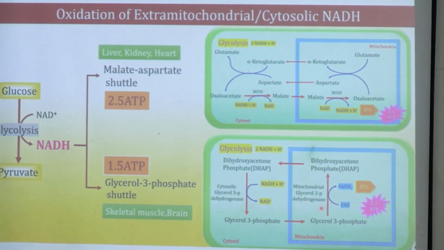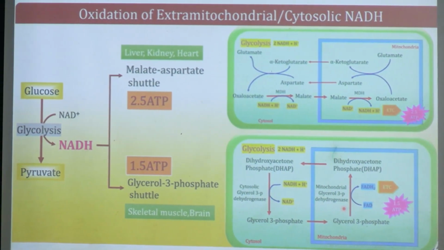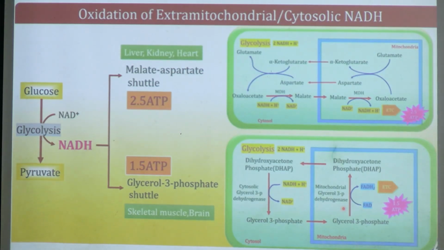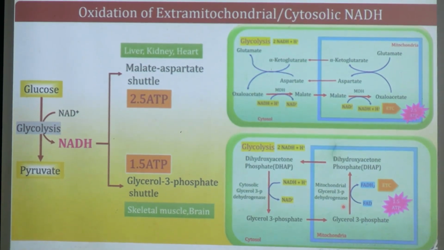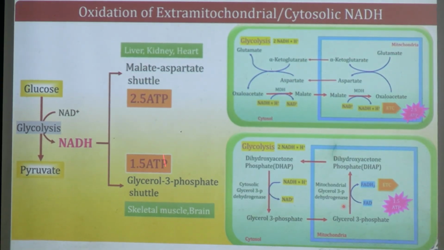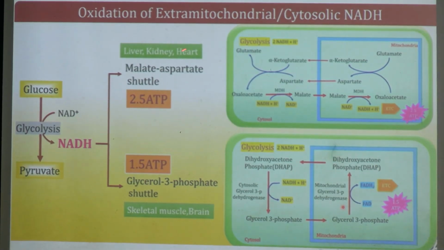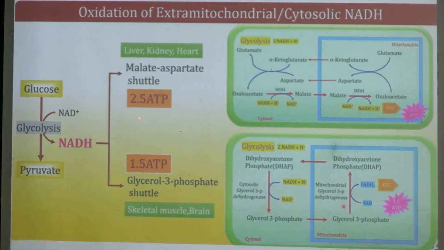Now this NADH can utilize 2 pathways, 2 shuttle system to get inside the mitochondrial matrix. These are tissue specific: liver, kidney and heart, they are using this malate aspartate shuttle. Other tissues, they are using glycerol 3-phosphate shuttle.